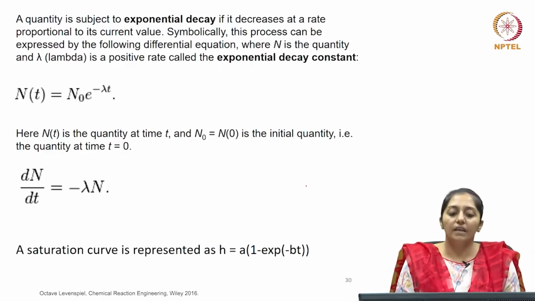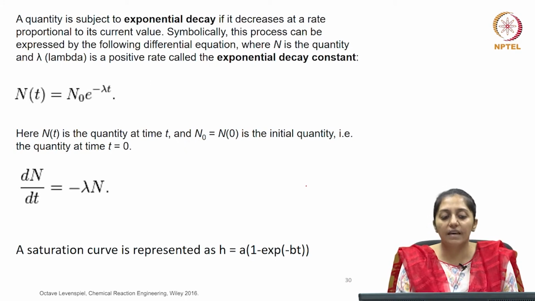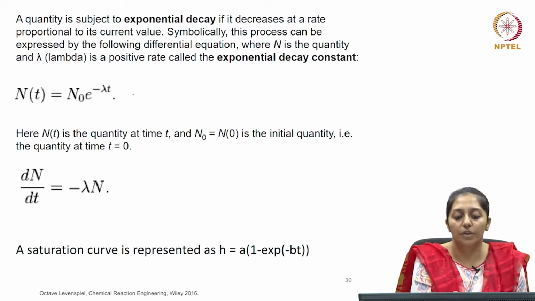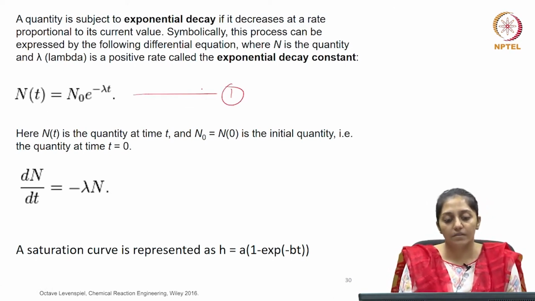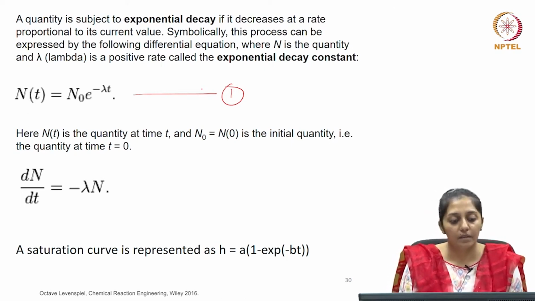Now, a quantity is subject to exponential decay if it decreases at a rate proportional to its current value. Symbolically, this process can be expressed by the equation shown here. Let's call it equation 1, this differential equation, where n is the quantity and lambda is the positive rate called the exponential decay constant.